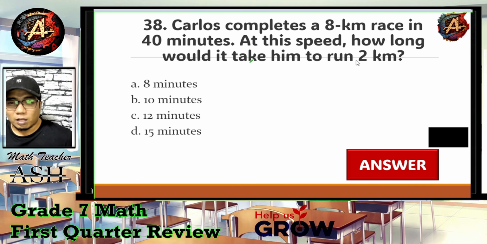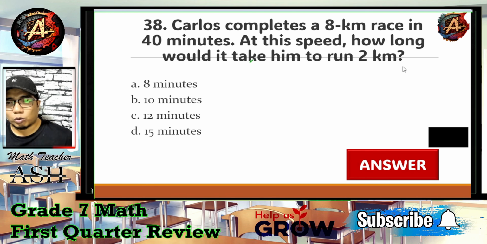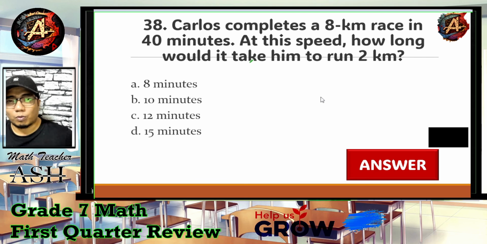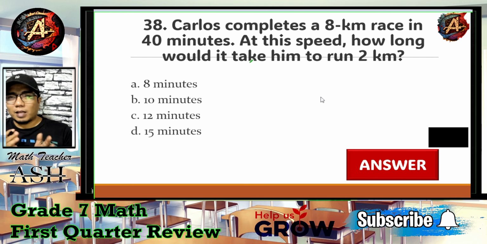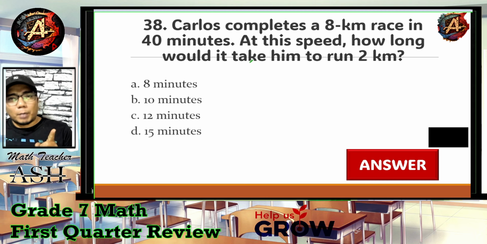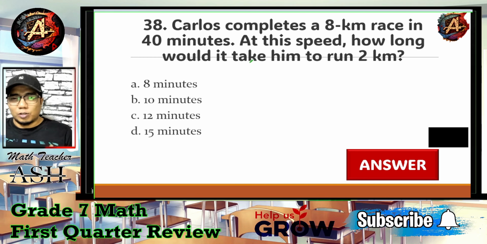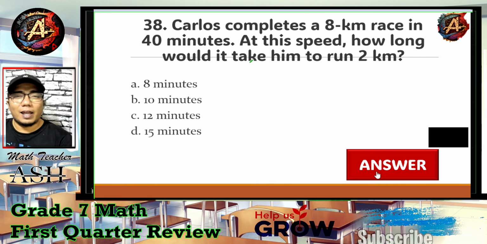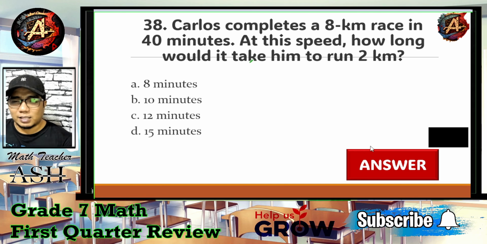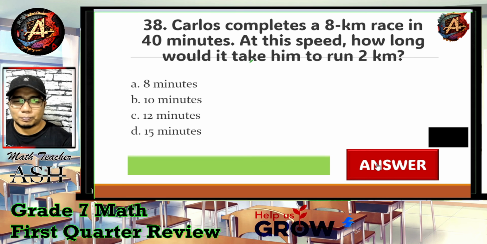So, in our problem, we are asked 2 kilometers. So, remember, 8 kilometers in 40 minutes. If you divide them, that means 1 kilometer per 5 minutes. So, since we are asked in 2 kilometers, how many minutes would that be? So, therefore, the correct answer is letter B, 10 minutes. Now, let us check whether we are correct.